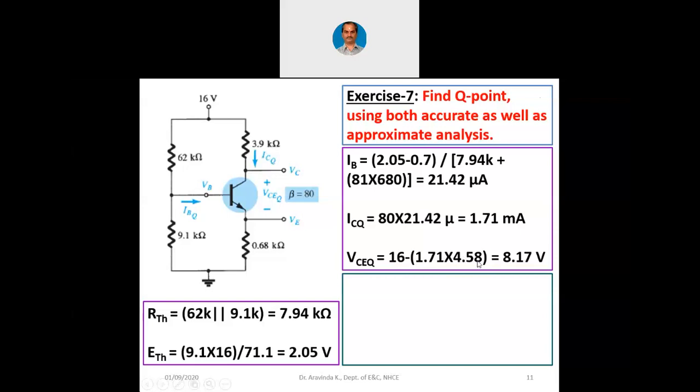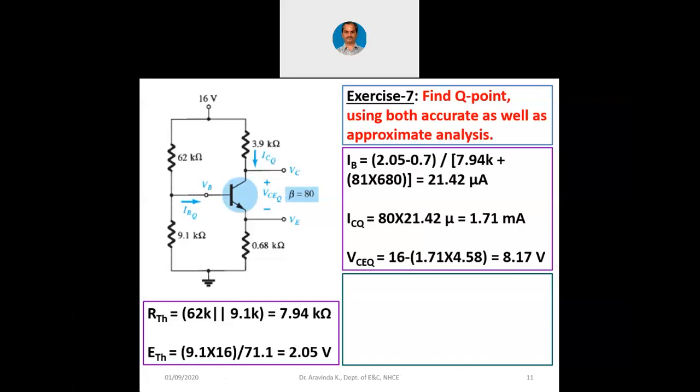The milli and kilo cancel, and we get 8.17 volts. This is as far as the accurate analysis is concerned. The Q point is 1.71 milliamperes and 8.17 volts.